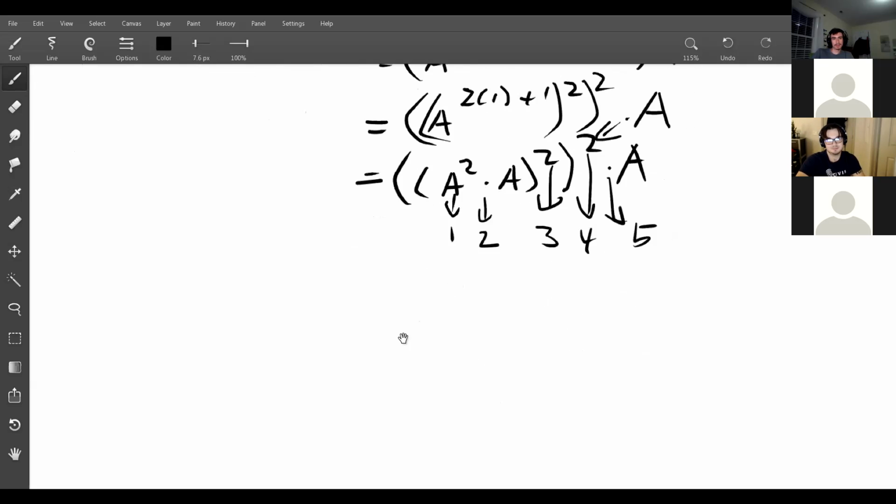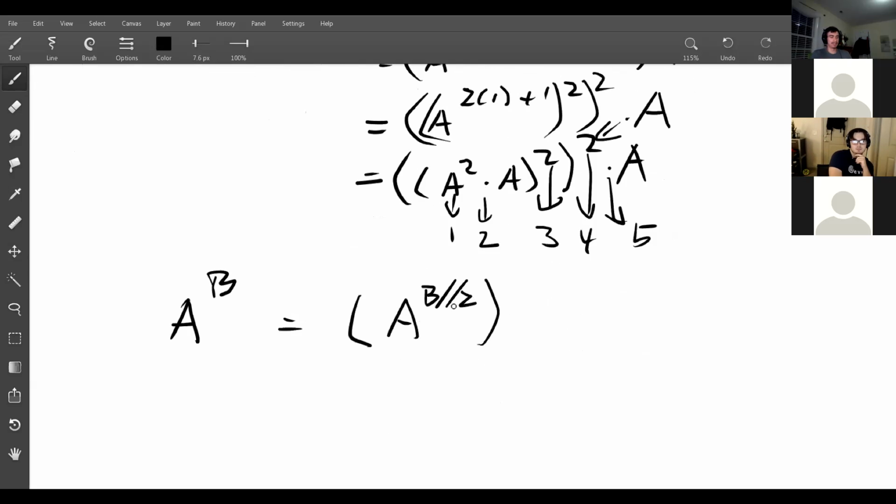So we can just say that a to the power of b is equal to, I'll use that for integer division, a to the power of b integer divided by 2, squared, times a to the power of b mod 2.